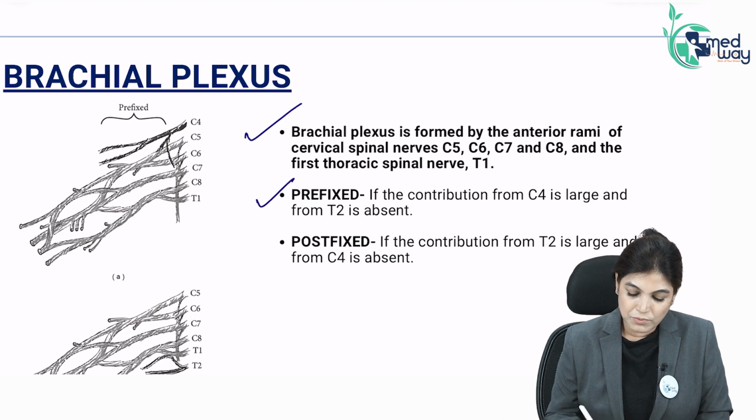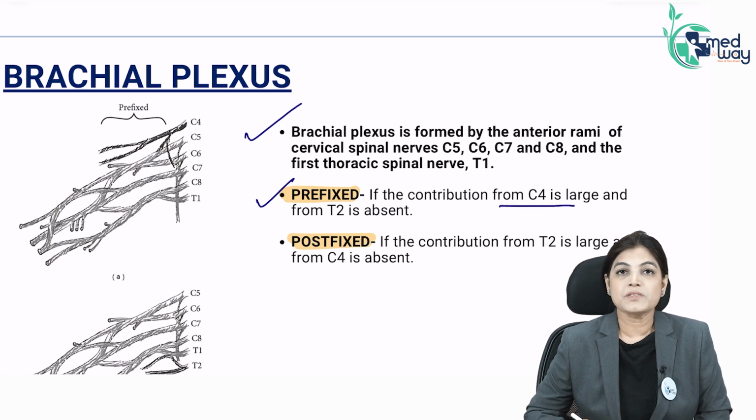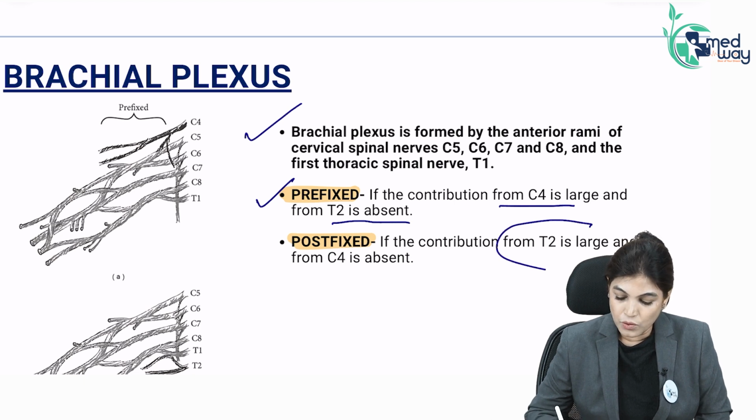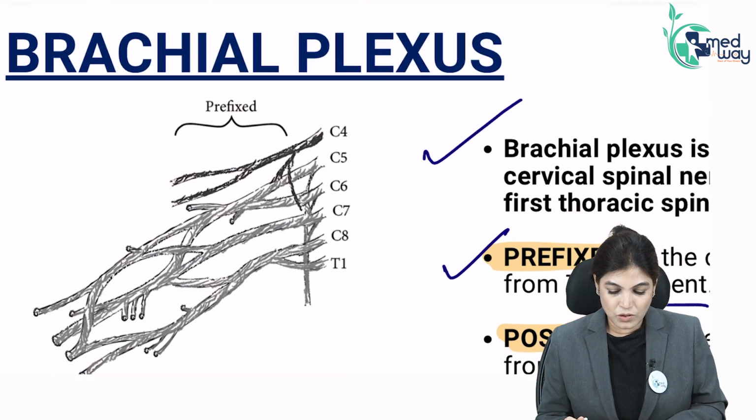Let me highlight the words prefixed and postfixed. In the prefixed variety, the contribution is also taken from C4 and there is no contribution from T2. In the postfixed type of brachial plexus, the contribution of T2 is large and there is no contribution from C4. Exactly, I just want to enlarge this image.